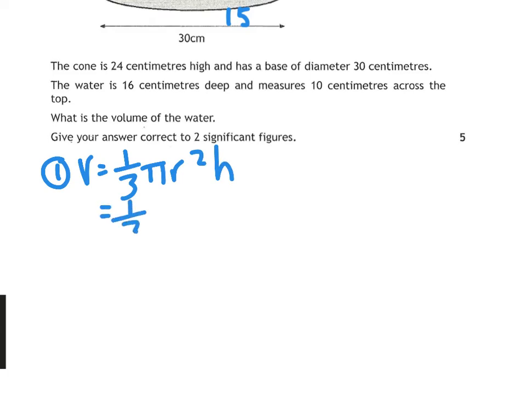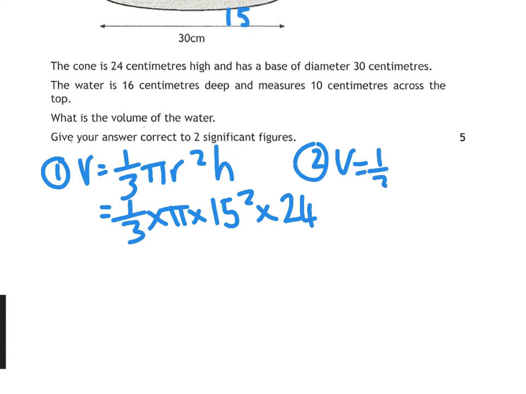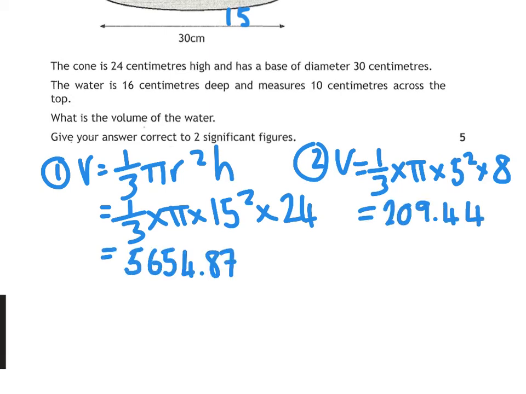So that is 1/3 times pi times a radius of 15 squared, and the height of the big one was 24. The little one will be 1/3 times pi. Remember, the radius of the little one was 5, and the height we said was 8, and that's the stumbling block in that question. So I'm going to work out the two answers now. So that's the two formulas.